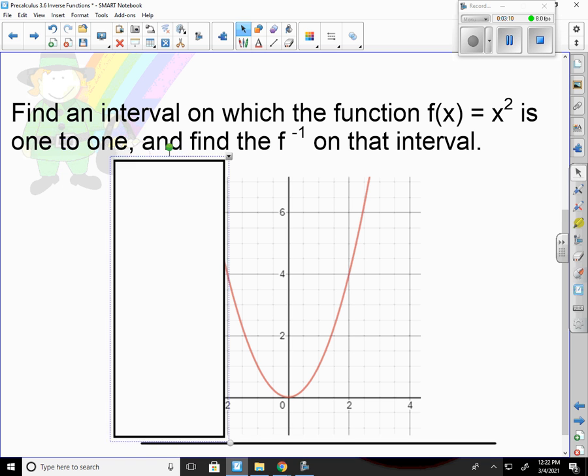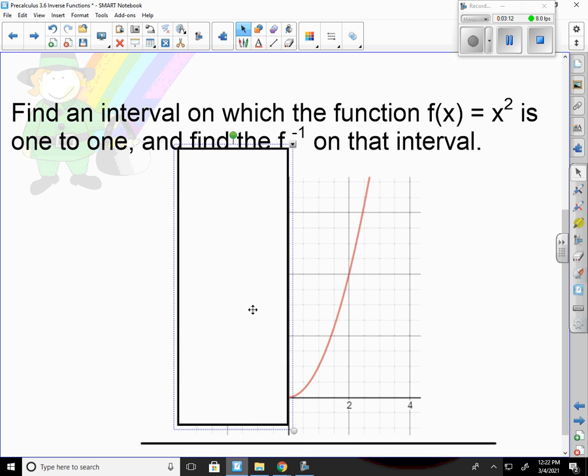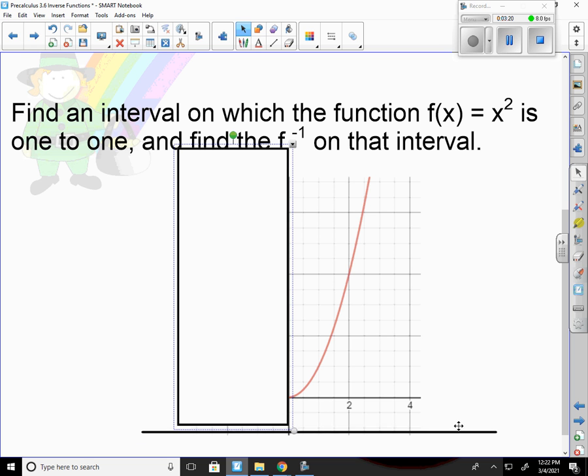In other words, what if I did that? Does that graph look 1 to 1 now? If I take my horizontal line and run it through there, it's not going to hit 2 spots at once.